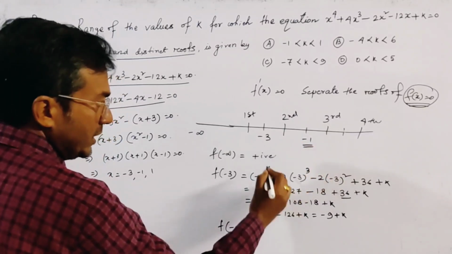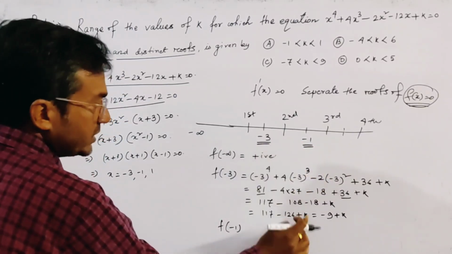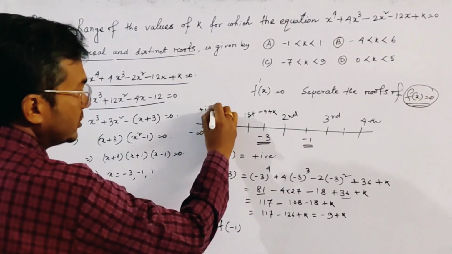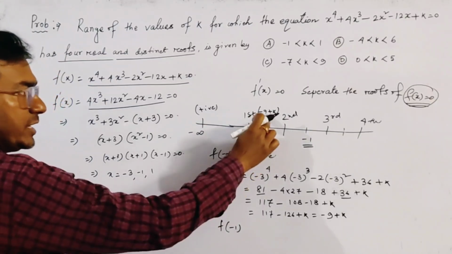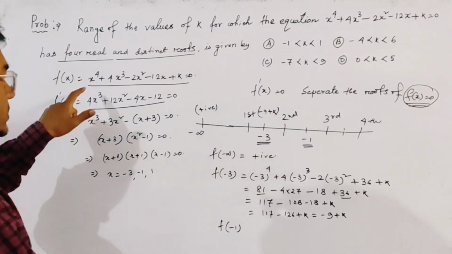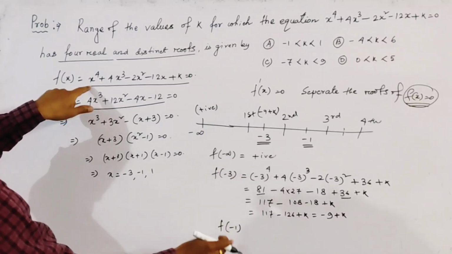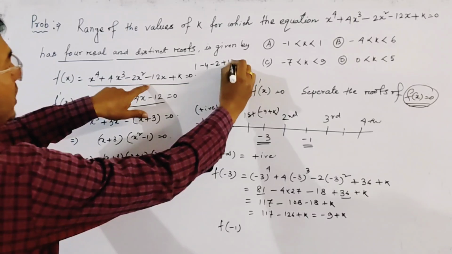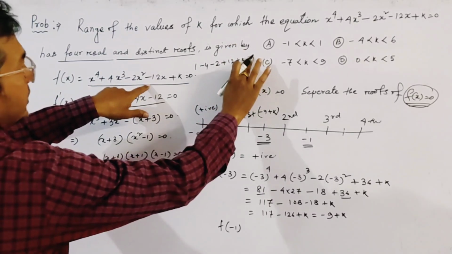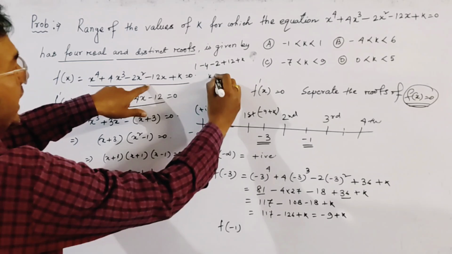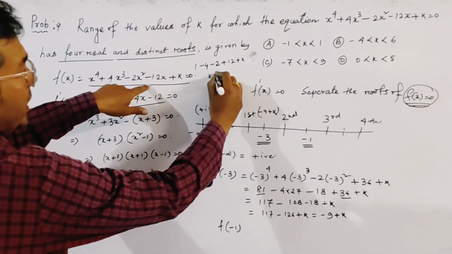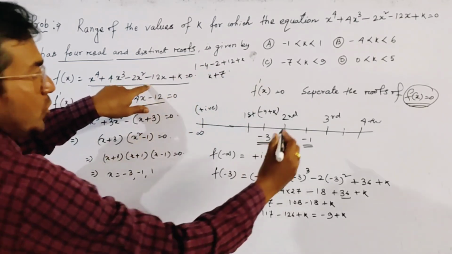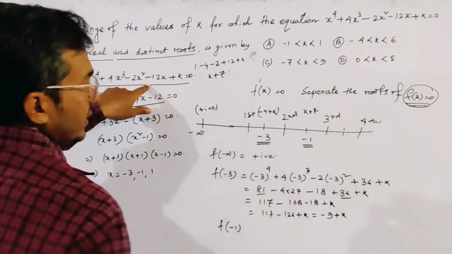Now we find f(-1). We write here f(-3) is -9 + k, and the value at minus infinity is positive. f(-1) is 1 - 4 - 2 + 12 + k, which gives k + 7, since 13 minus 6 is 7.